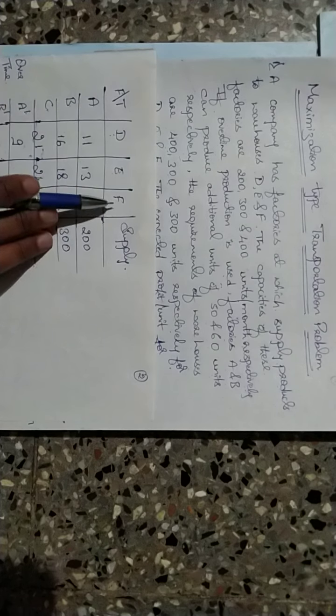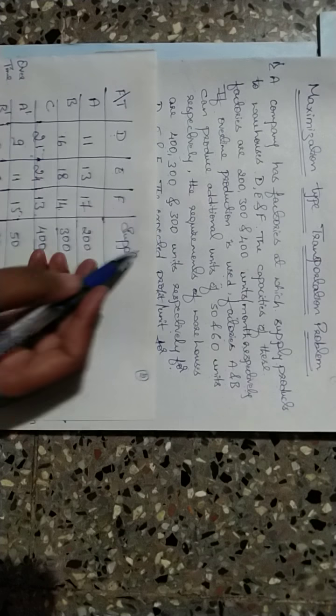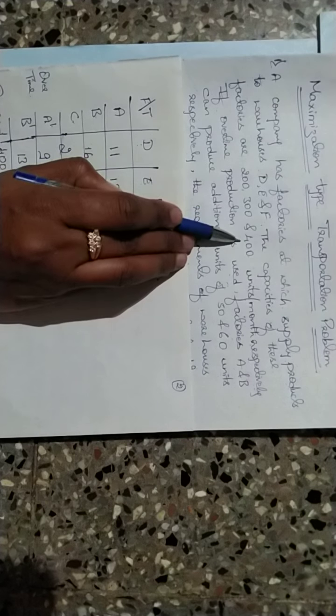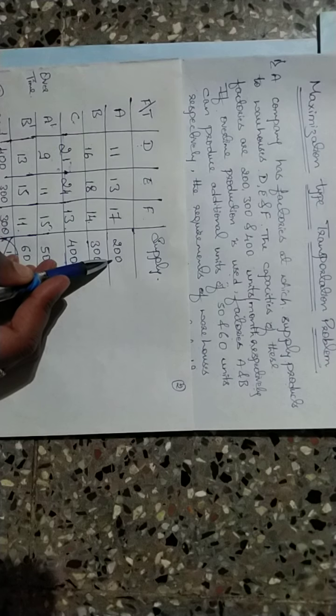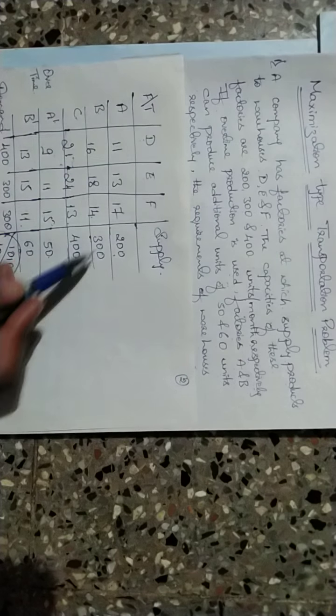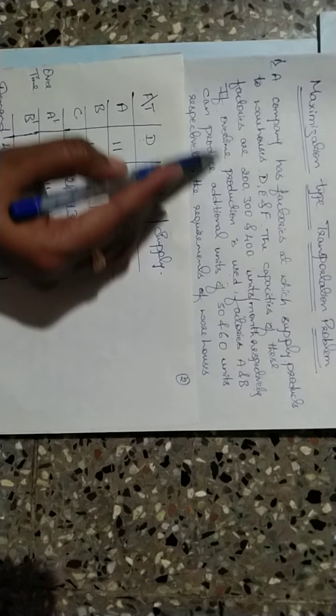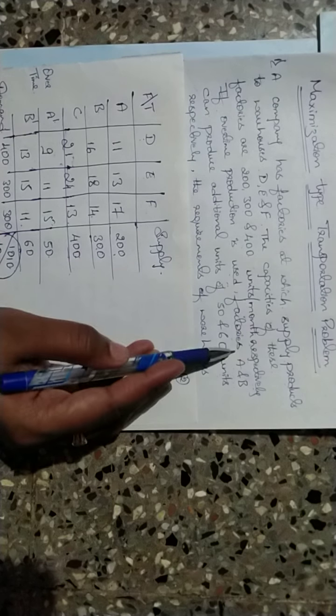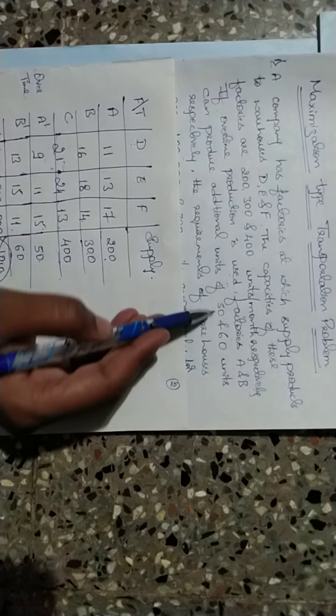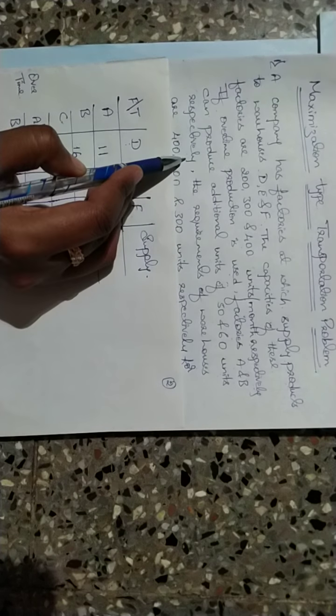Whenever you have factories, there must be some supply units. A will be supplying 200 units, B will be supplying 300 units and C will be supplying 400 units. If the overtime production is used, the factories A and B can produce additional units of 50 and 60 units respectively.